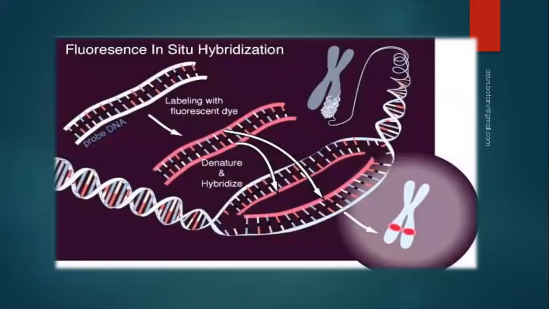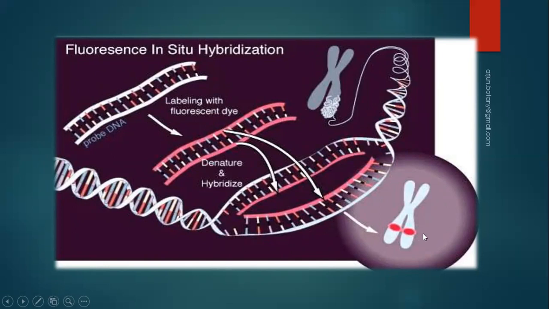Next comes the diagrammatic representation. First, this is the probe DNA labeled with the fluorescent dye. Next, it is denatured and hybridized with the specific region. And this is the actual visualization of the chromosome. This color shows the presence or absence of a specific sequence, that is the chromosome painting.